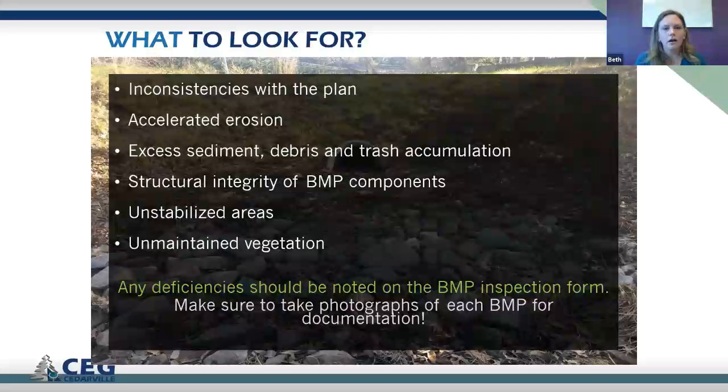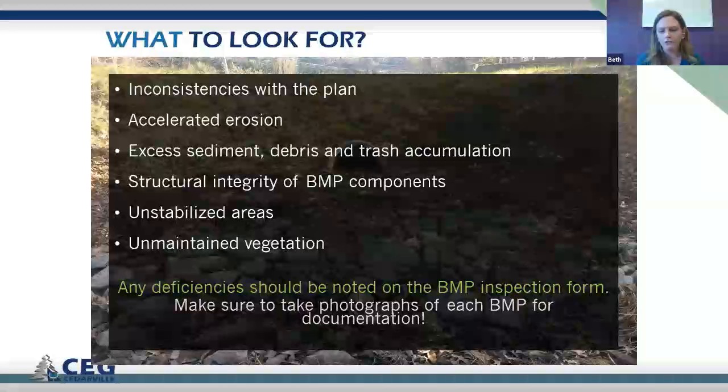But just generally: inconsistencies with the plan, any accelerated erosion, excess sediment, debris, and trash accumulation, structural integrity of BMP components like the outlet structures and the pipes, unstabilized areas in the BMP and within the BMP's drainage area, and then unmaintained vegetation.